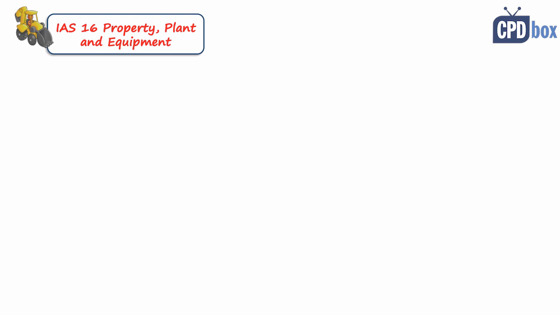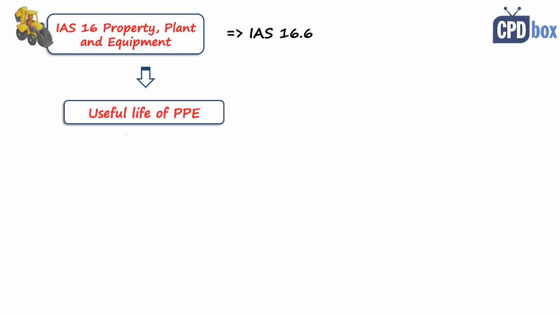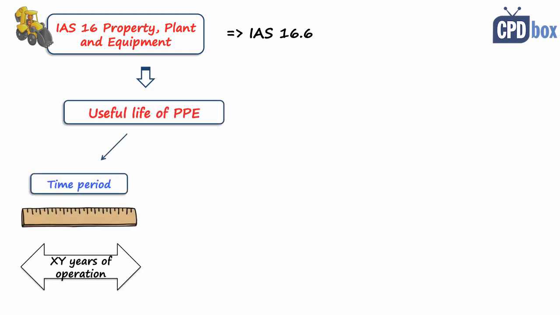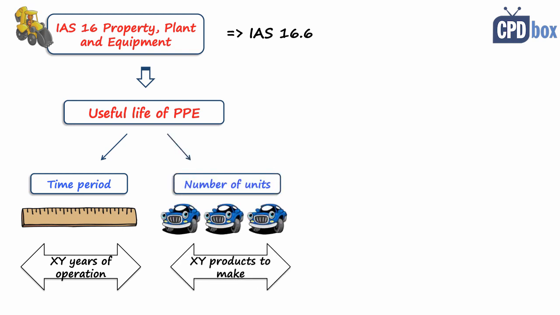But the standard IAS 16 says that the useful life of an asset is determined based on expected utility of that asset to an entity. Just look at the definition of the useful life in IAS 16, I think paragraph 6. It is either a period over which an asset is expected to be available for use by an entity, or number of production or similar units expected to be obtained by that entity from that asset.